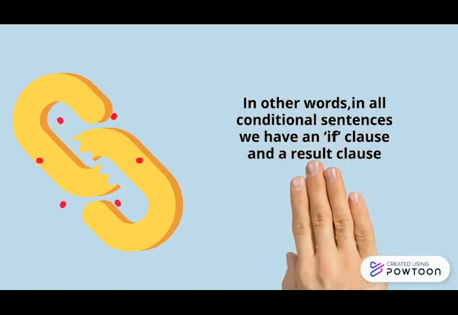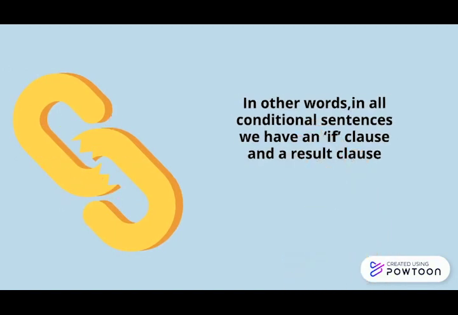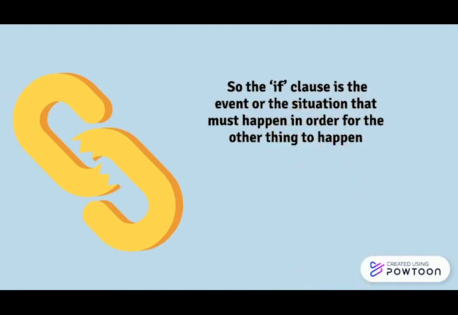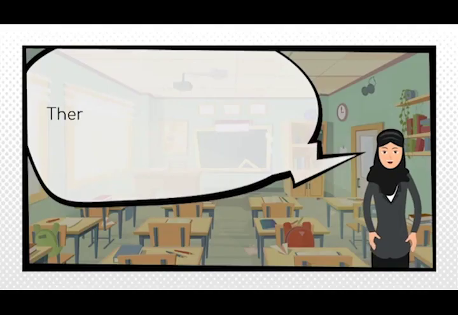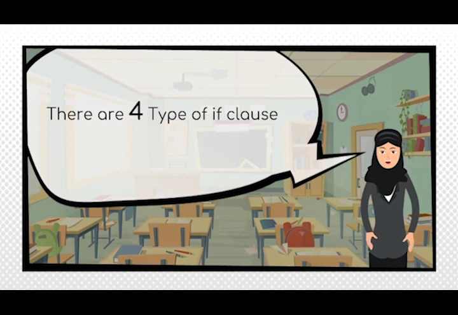In other words, in all conditional sentences, we have an if clause and a result clause. So, the if clause is the event or situation that must happen in order for the other thing to happen. There are four types of if clause.